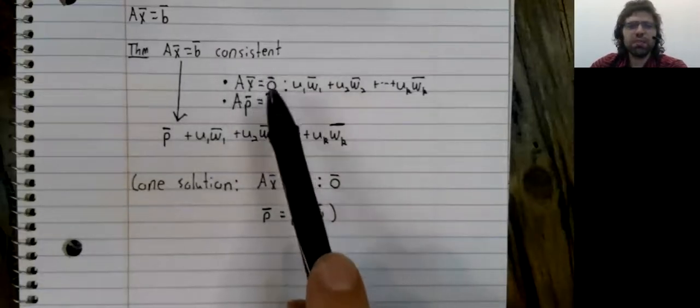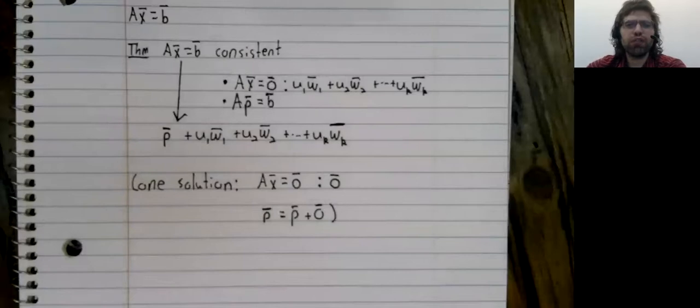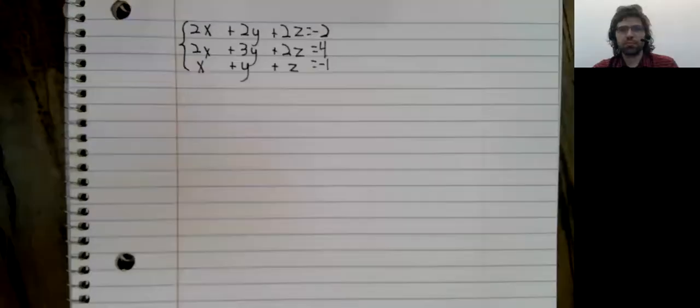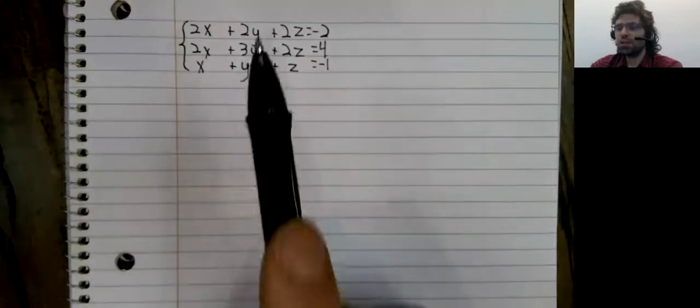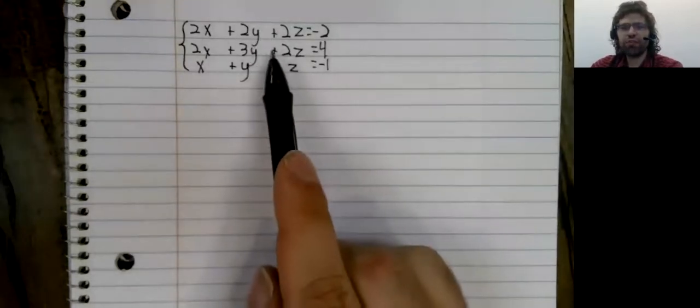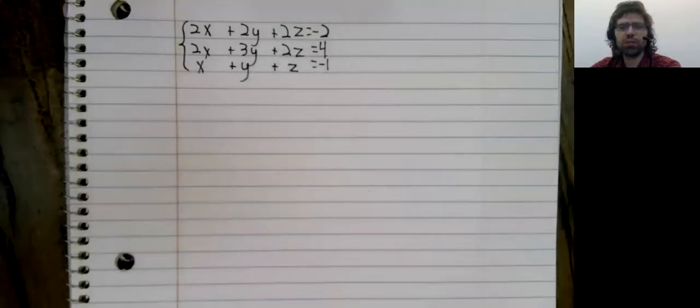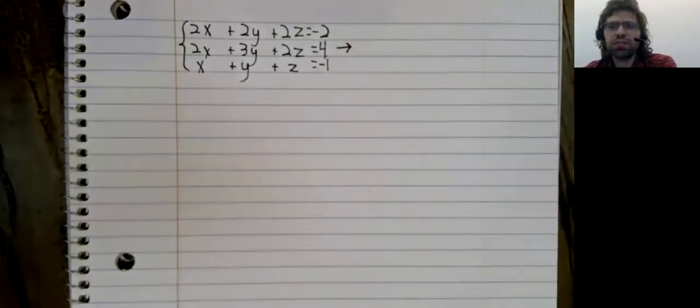This is going to be much clearer if we look at an example. Let's solve the following non-homogeneous system. So we'll use Gauss-Jordan elimination. We won't at this point refer back to the theorem. We'll just write down the augmented matrix.